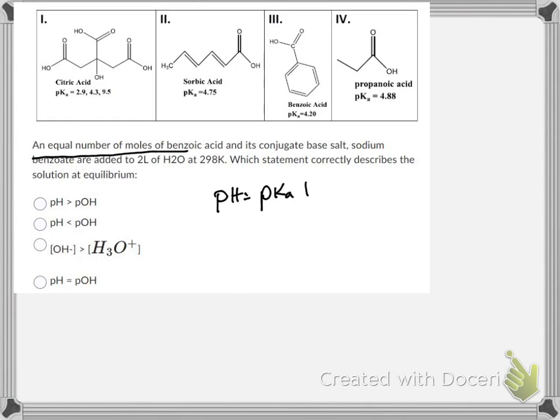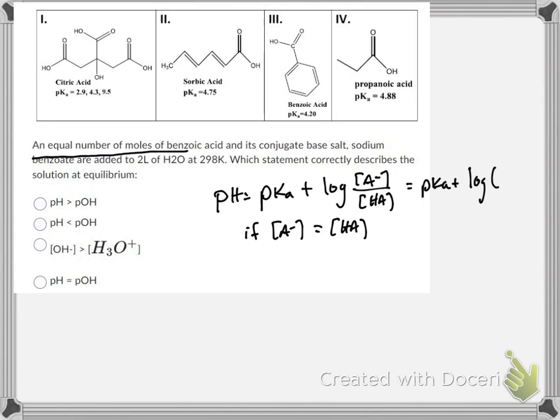If you have equal amounts of the acid and base, then that is the definition of the optimum buffer zone. And that's where pH equals pKa, because now you have the ratio of 1, because they're equal concentrations. So the pKa of benzoic acid is 4.2, which means the pH is 4.2.